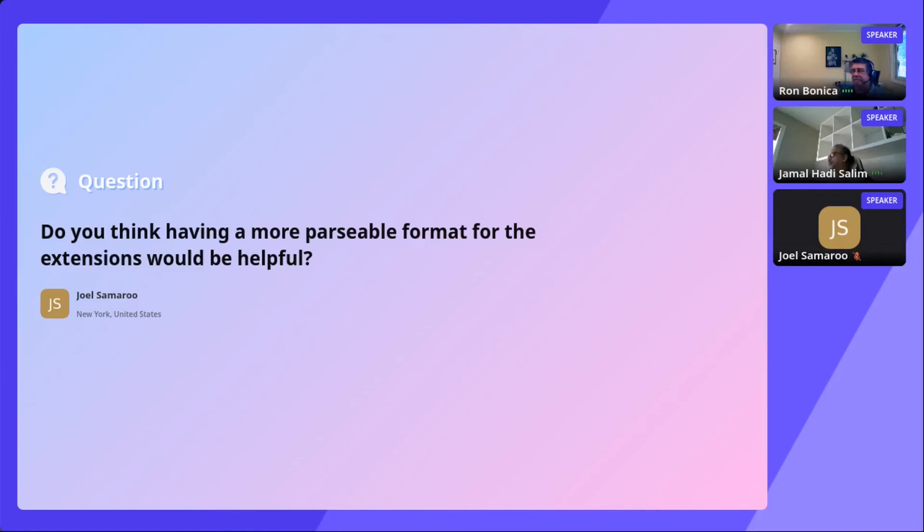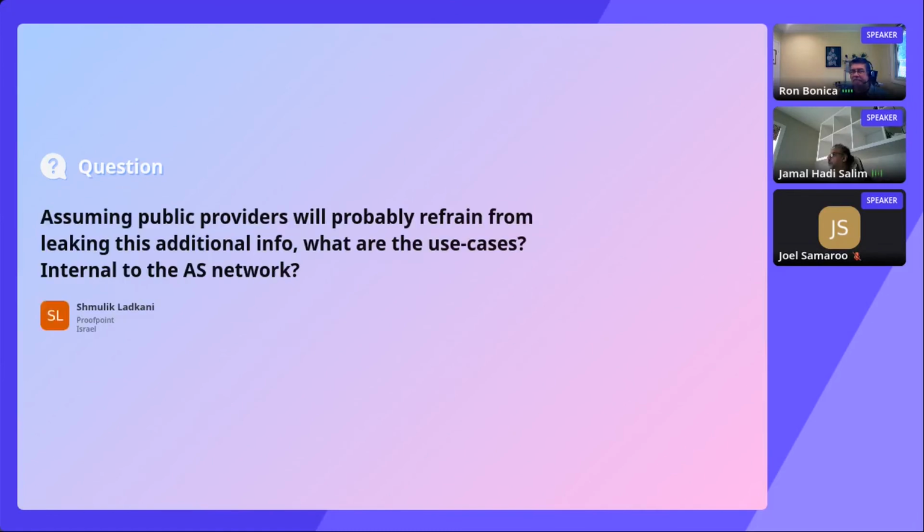All right. I'm going to bring a question from Shmolik here. And I'm going to remove Joel from the stage. Okay, you've guessed it, Shmolik. It is unlikely that public providers are going to want to leak additional info about their nodes, things like their MTUs and their interface names.